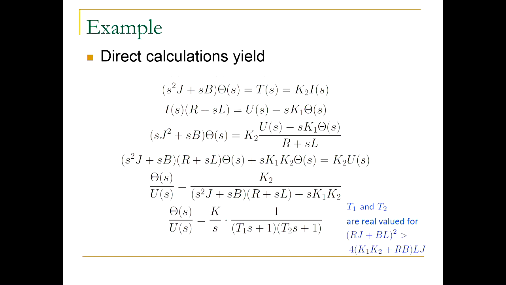Now this is very, very messy. Why? Well, I would like to apply a certain U. So theta, for instance the shaft angle, its Laplace transform would be the Laplace transform of U times this.